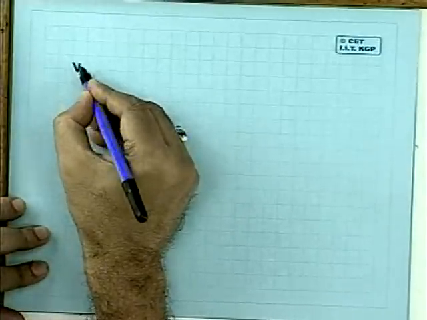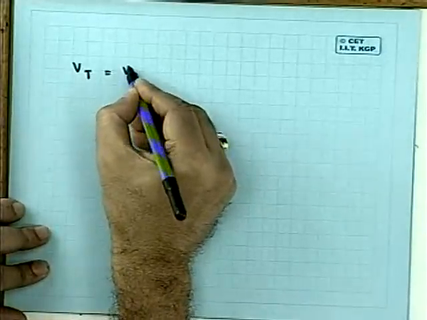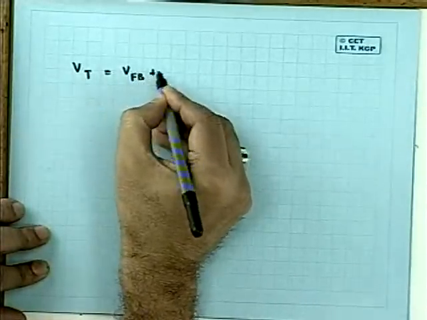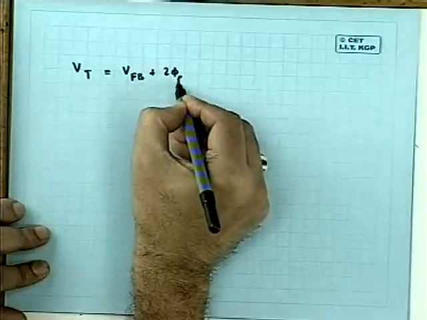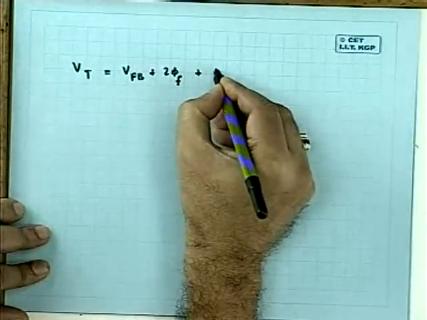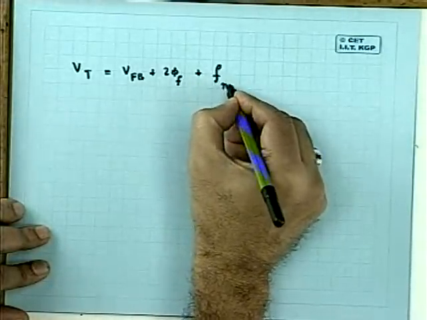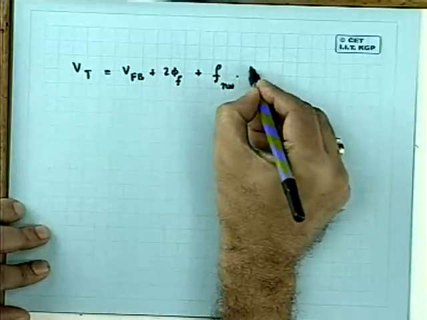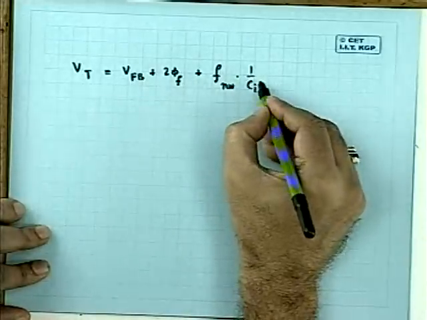And in that case, you can write your Vt in the same fashion as VFB plus twice phi f plus f narrow width into 1 upon Ci, the same formula.